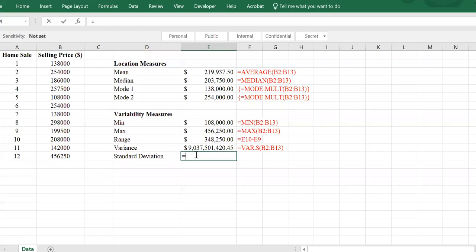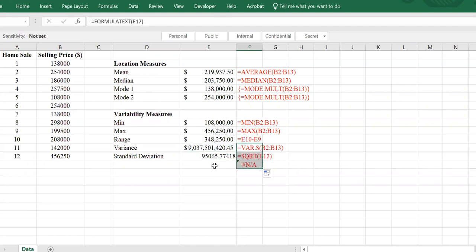So for a standard deviation, you can take the square root of this. This is how you can take a square root, or you can use the SQRT function. It's going to give you the standard deviation.